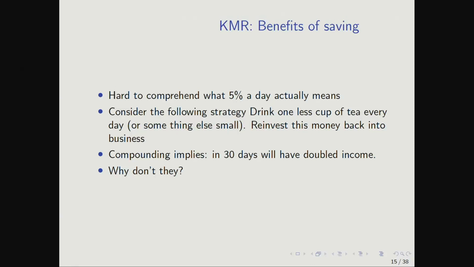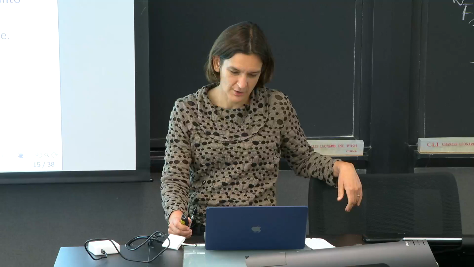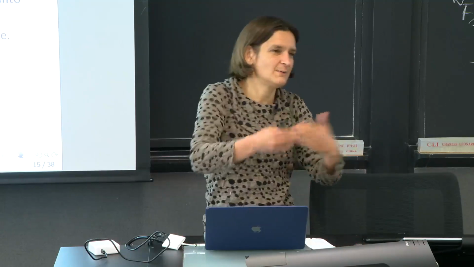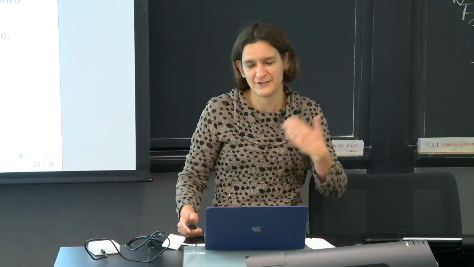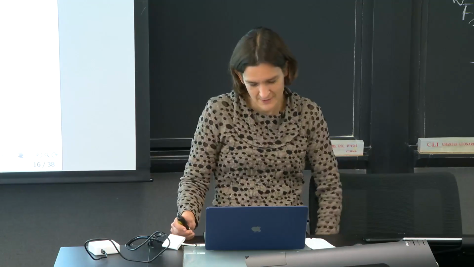In 30 days, you would have doubled your income by not having to borrow. Once you are fully paid off, when you don't need any money to pay off what you take normally, you can take a bit more. So why don't they?